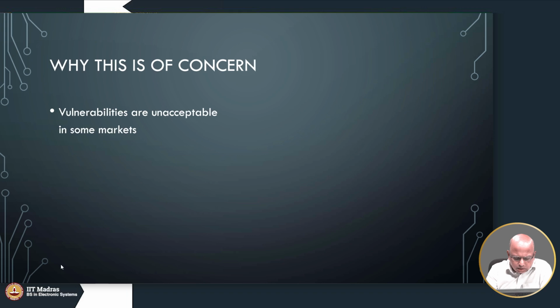The vulnerabilities are not acceptable in markets like automotive, biomedical, or industrial, defense. So these are all places where we are worried.